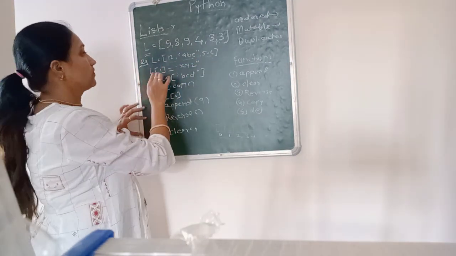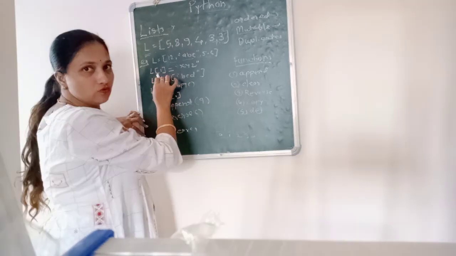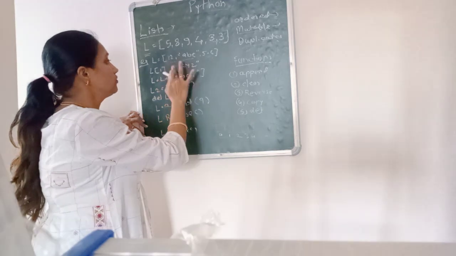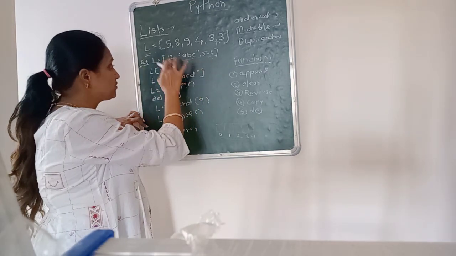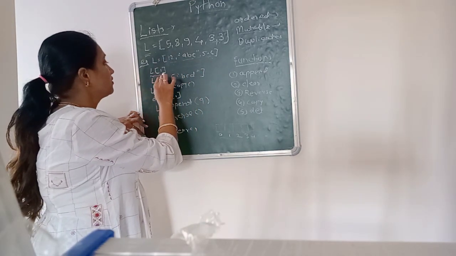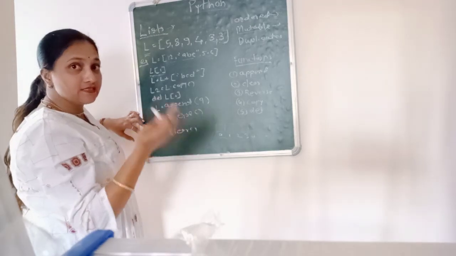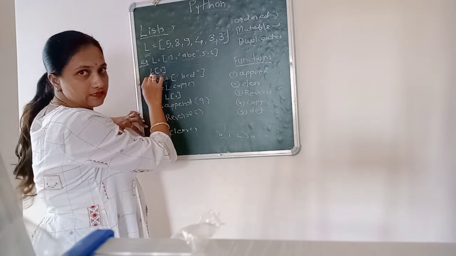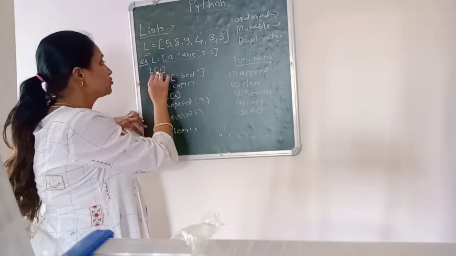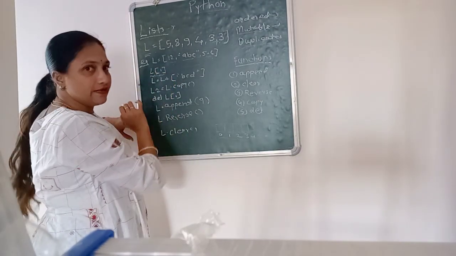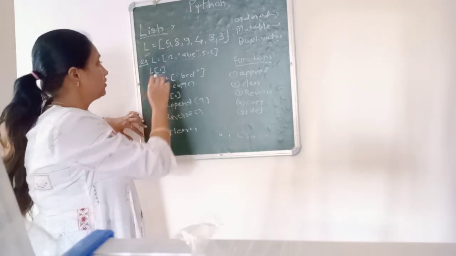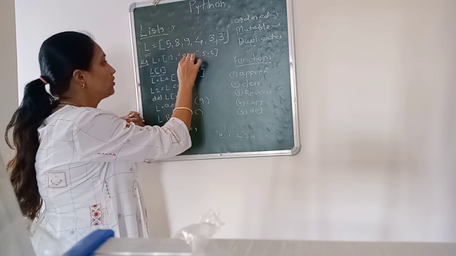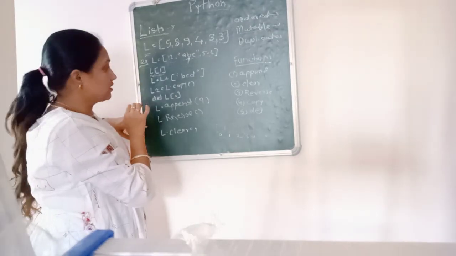Next, if in Python you want to display or access any of the elements, L is the name of the list. In square brackets, just mention the index, and remember the index starts with 0. So if you are accessing L of 1, the element you are going to access is ABC.